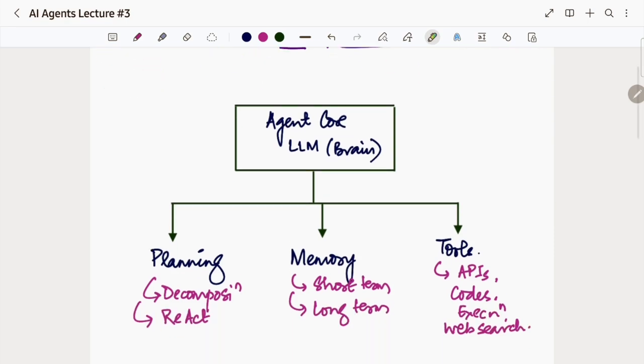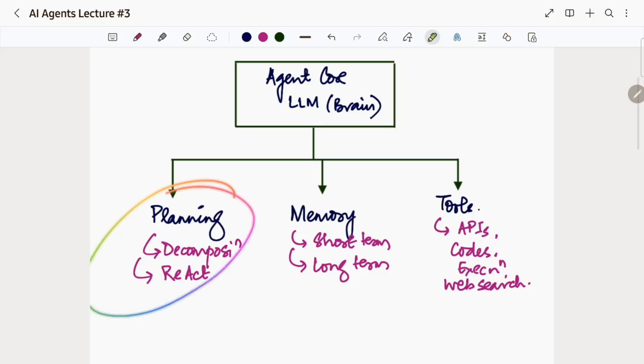In lecture 2 we had discussed this flowchart where we had the agent core LLM that acted as the brain. It had 3 other team members, that is planning, memory and tools. In our last class we covered the planning part, wherein we looked into decomposition and ReAct.